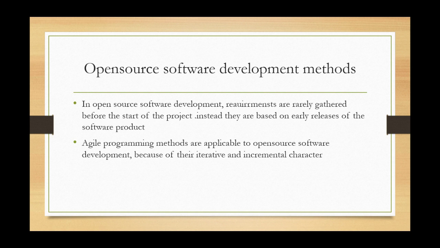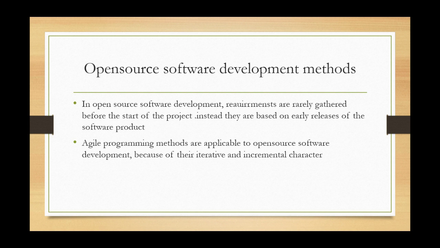Speaking of extreme programming, this is a very important development method in open source software. Extreme programming is a type of agile software development, and it is intended to improve the quality of software and its responsiveness to changing customer requirements.